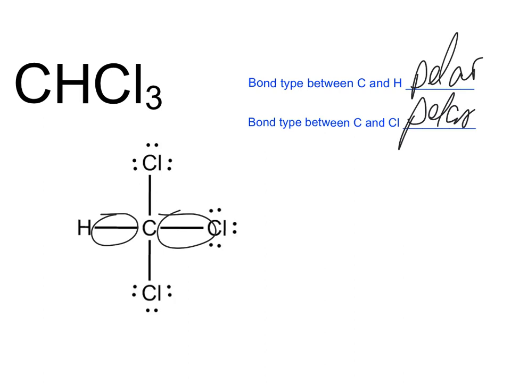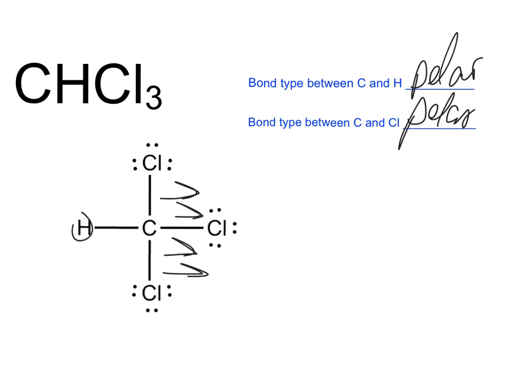Here again, I'm going to teach you the questions to ask yourself and the rules in just a second. But you can start to see it visually a little bit here. One of these sides of my molecule has more electrons than the other. So my Cl's are going to pull more of my electrons this way than my hydrogens have.